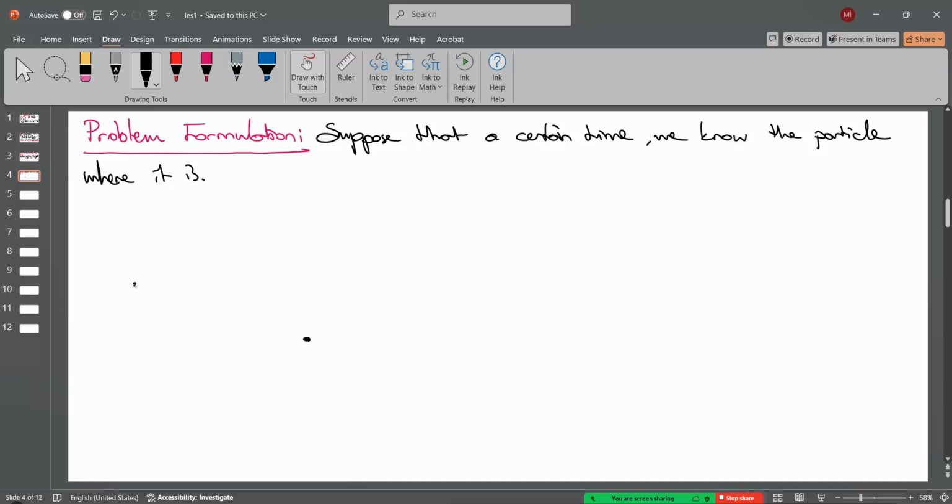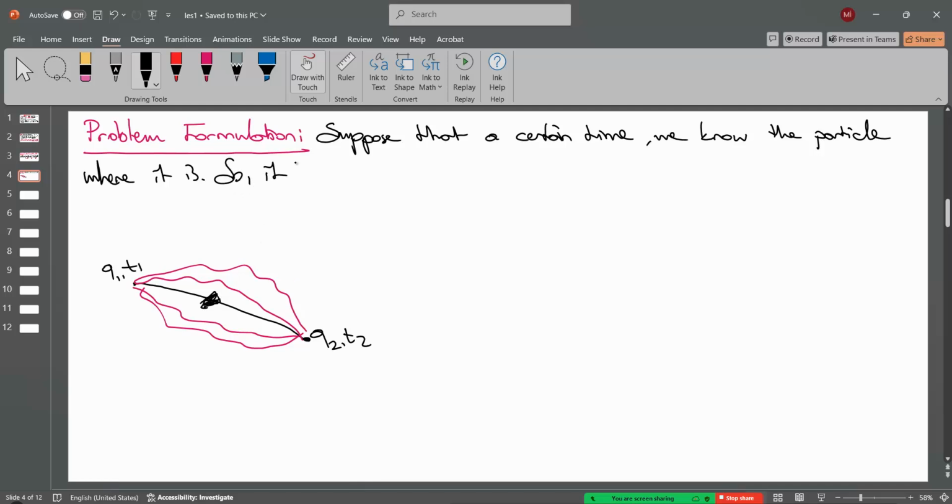And so we have the optimal path here. This is the least path or least energy path. Okay, but we can go in this direction, or this one, or this one, or this one. Okay, and so this is Q1, T1, and Q2, T2. Okay, but the best pathway is the black one.